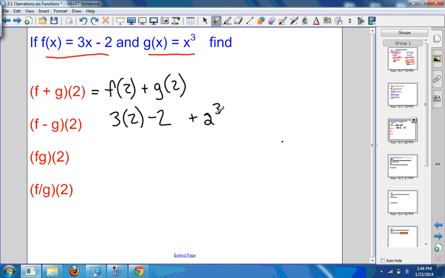So I'm just getting my f of 2 by plugging 2 into that equation. And my g of 2, I just plug 2 into this equation here, and I get 2 to the third power.